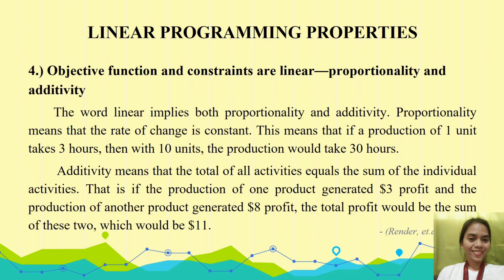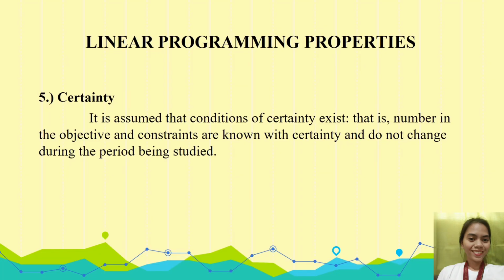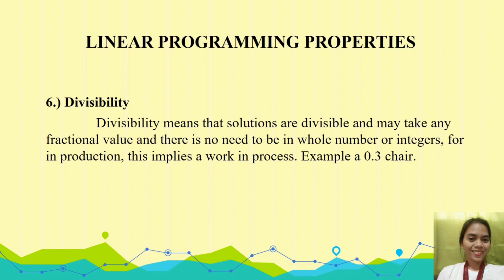The fifth linear programming property is certainty. This assumes that all constant terms, objective function, and constraint coefficients are known with certainty and do not change during the period being studied. Next is divisibility.